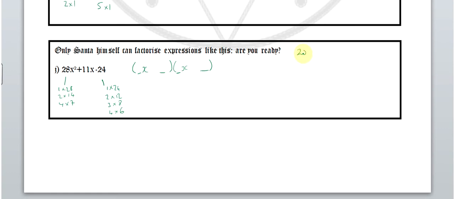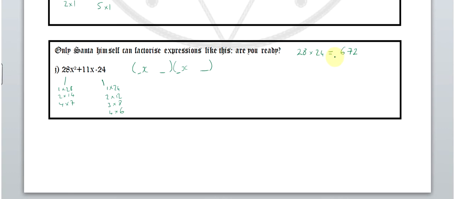So I do 28 times 24, which gets me, let me just think for a moment, 672. Yep. Now, I'm after the factors of 672. So I know that this is made by those two, and I want a pair of factors for this that will get me 11. Okay.